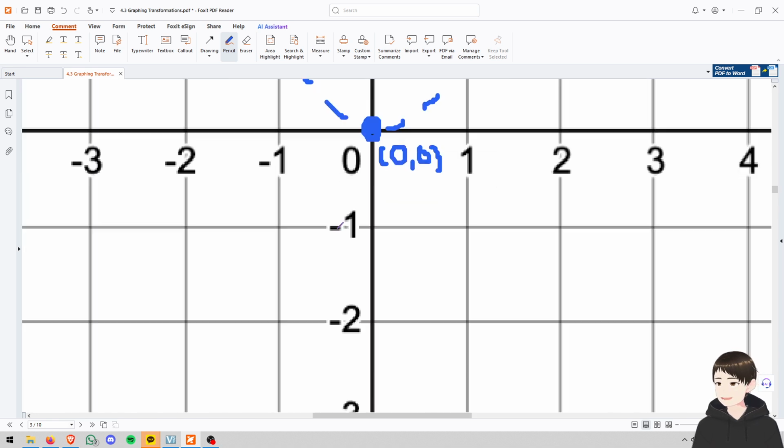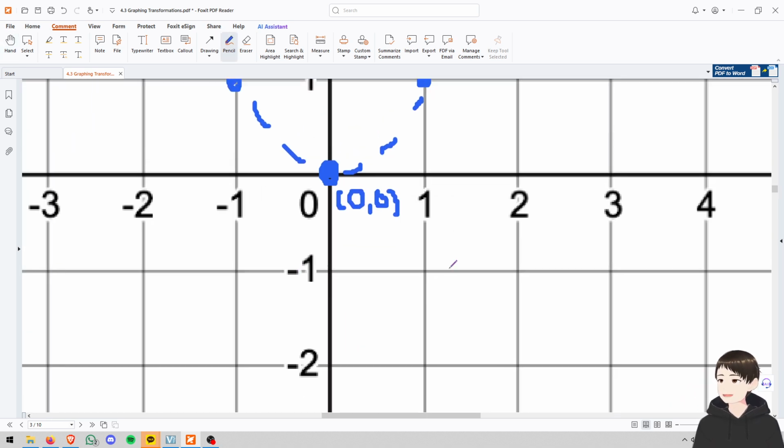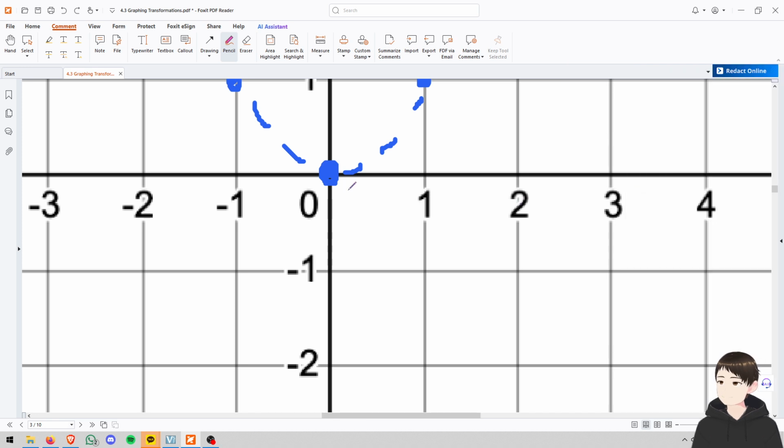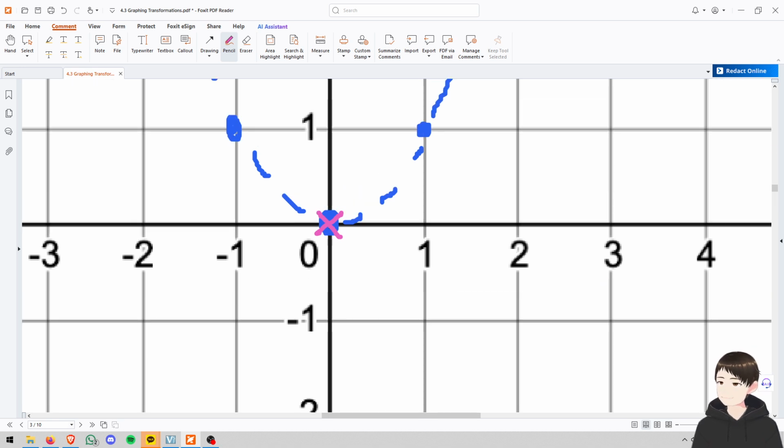That point is 0, 0. The y value is 0. What is 0 multiplied by negative 1? 0. Which means even if I multiply this by negative 1, my point is right here. Okay? But things change.